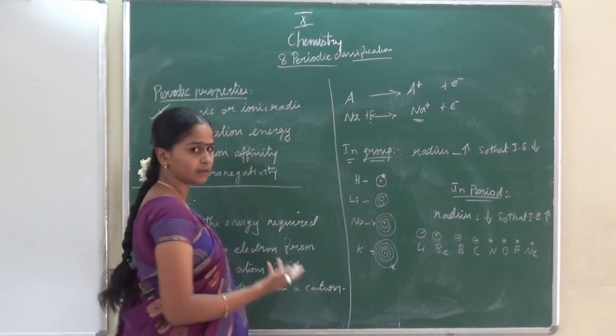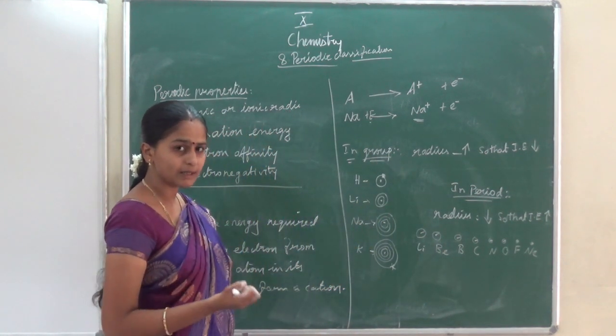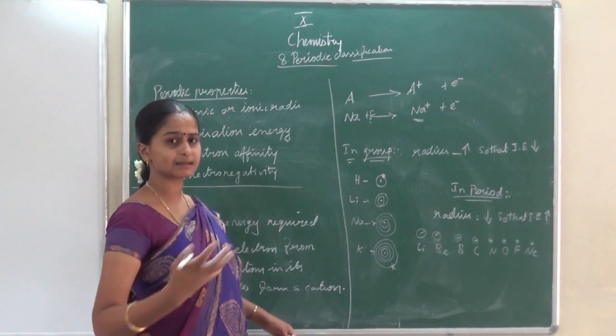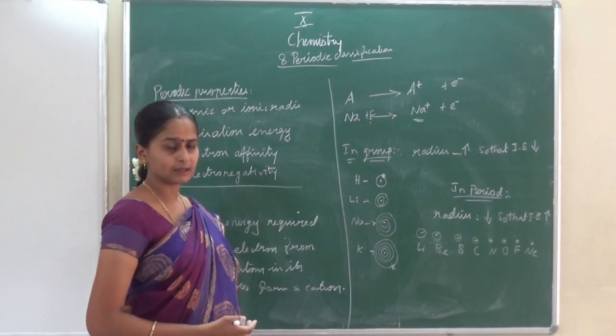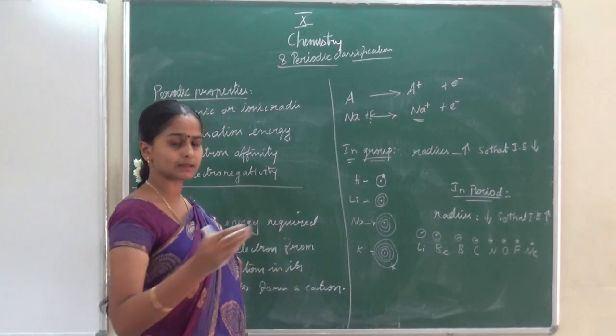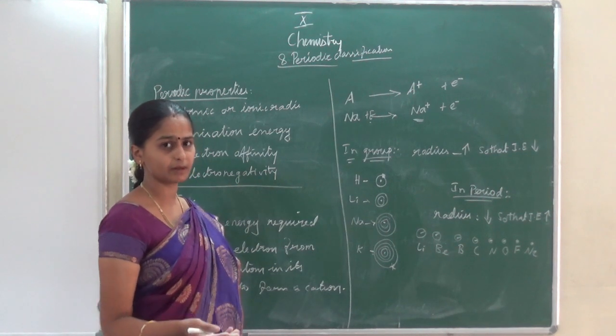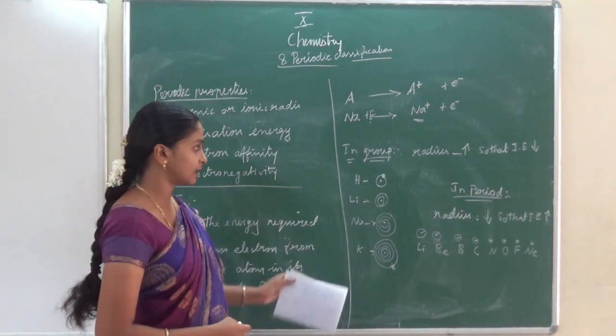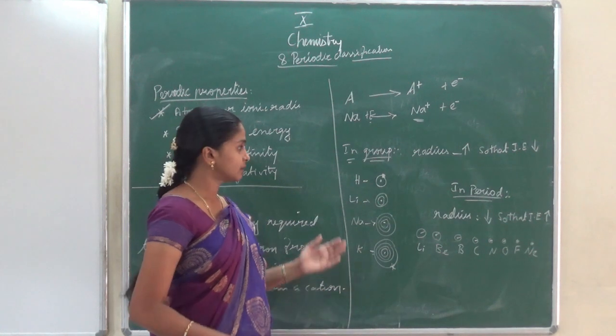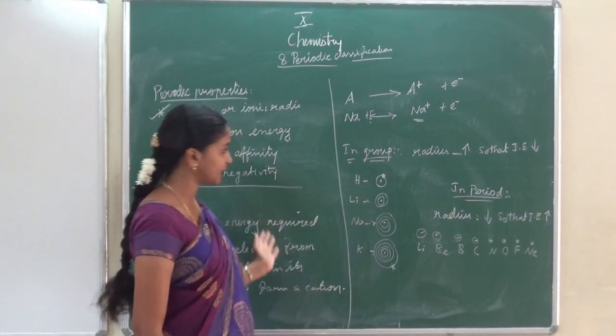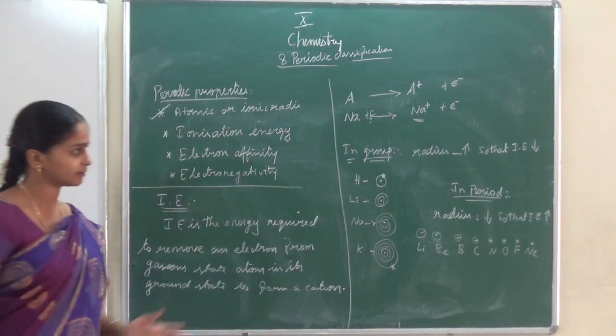If the size is very small, it requires more energy. If the size is large, it requires less energy, because the attraction of the nucleus towards the last electron differs based on size. You can understand, I think. Just go through this ionization energy and copy it.